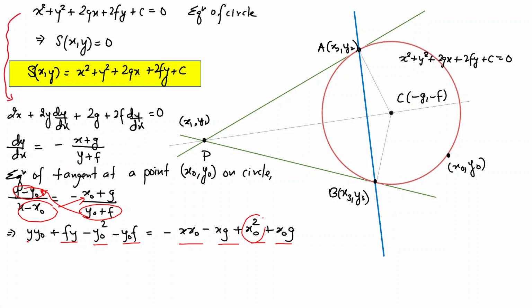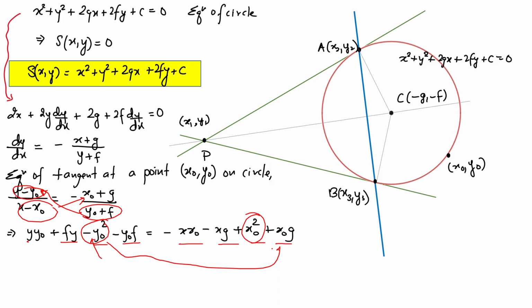You see x0 squared, you see a minus y0 squared, and you would like to move this y0 squared to here. Why? Because this point (x0, y0) is on the circle, it should satisfy the equation of the circle.